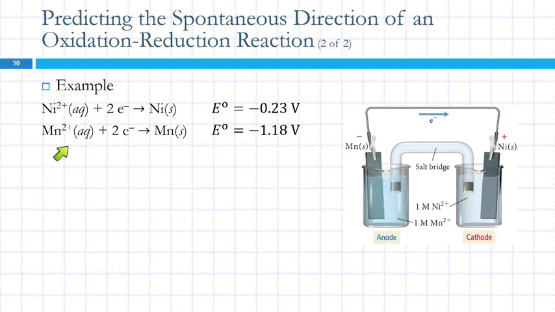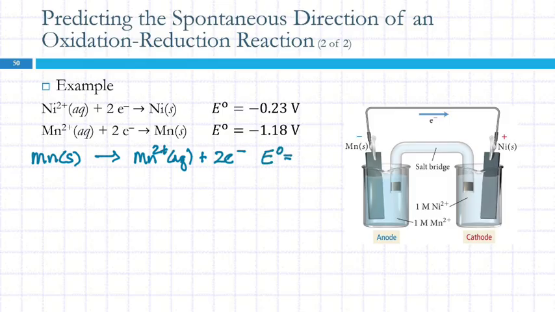Does this equation represent electrons leaving? No, it doesn't. Turn that one around. That represents electrons leaving. When we do that, we change the sign.